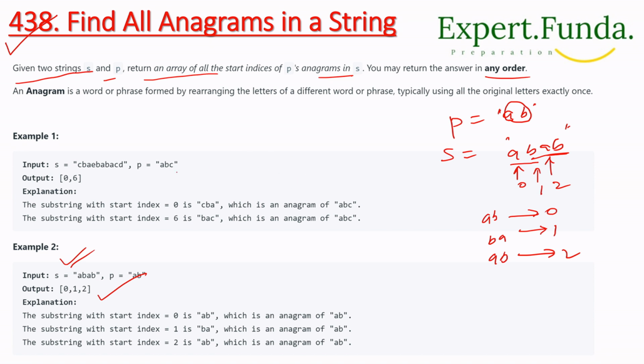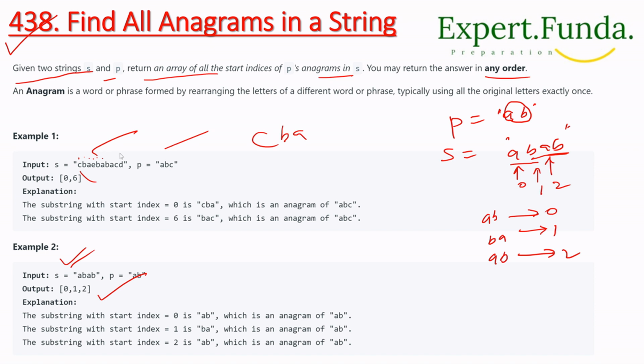Similarly, for this other example, we have a longer string s and abc in p. If we go to index 0, we have cba, correct? And if we come to the next indexes, 1, 2, 3, 4, 5, and next we have 6.